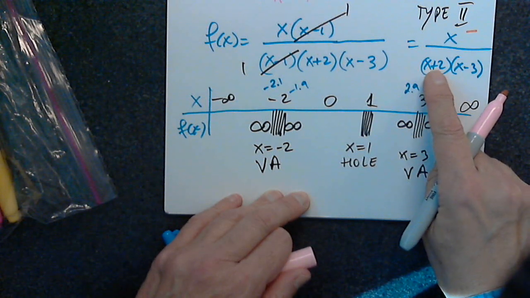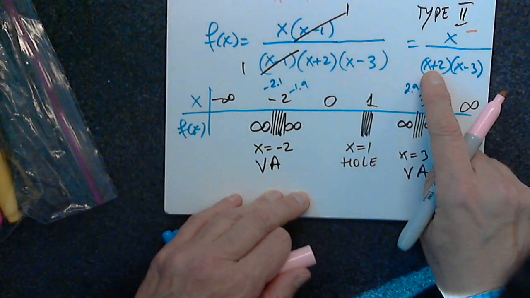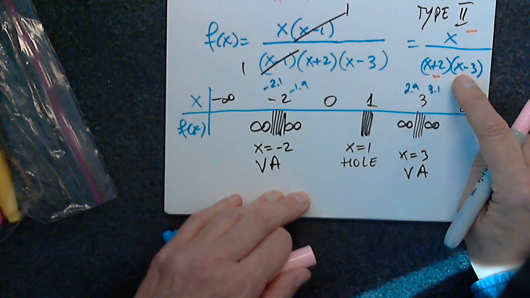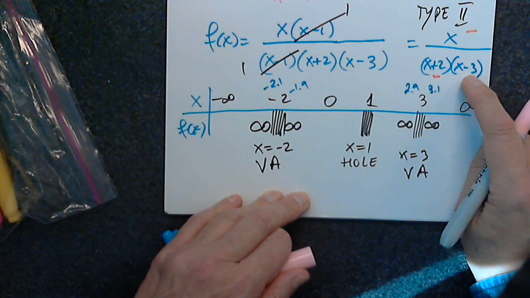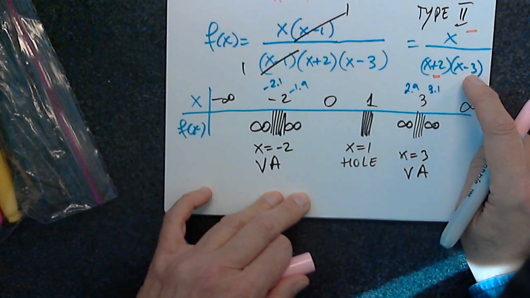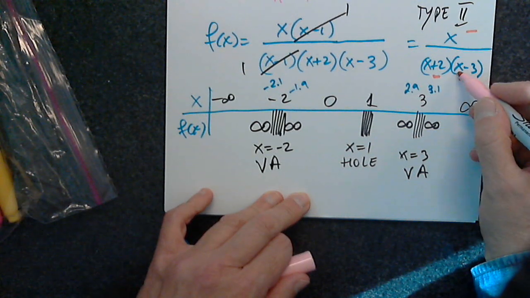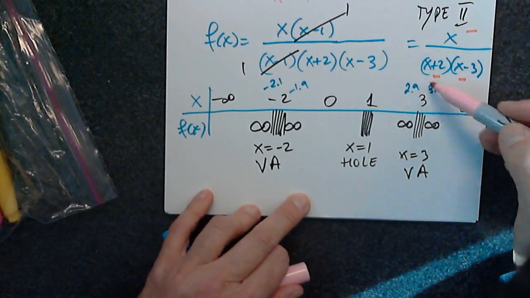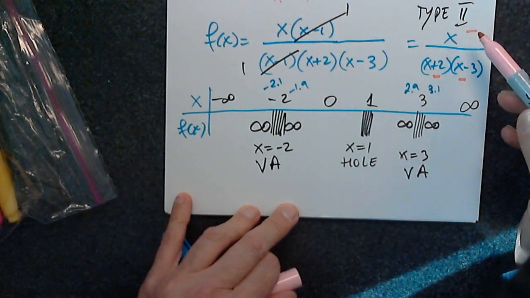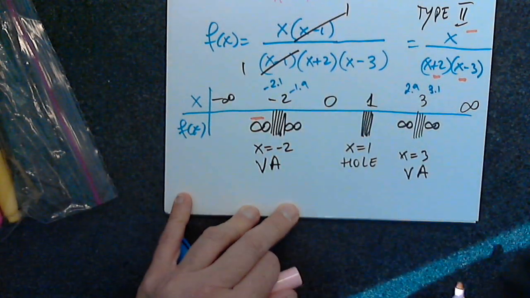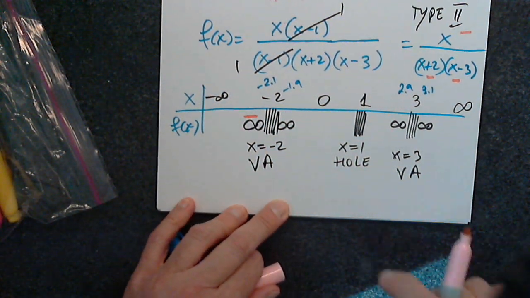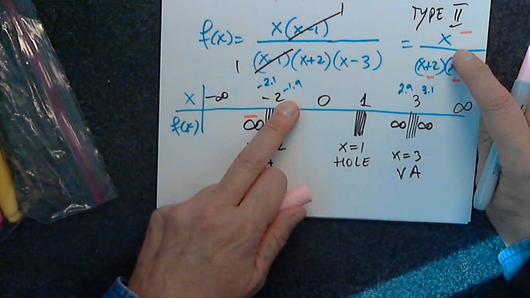In the numerator, -2.1, what do I get? I just need the sign. Very good. And in x plus 2, -2.1 plus 2, negative. It's -2.1 minus 3. So three negatives, what sign do I get? Very good. Negative sign.